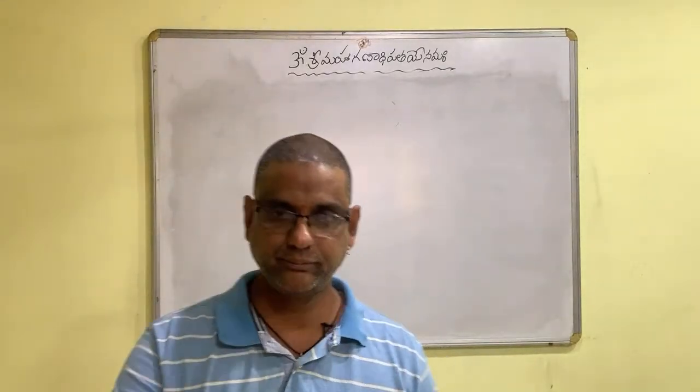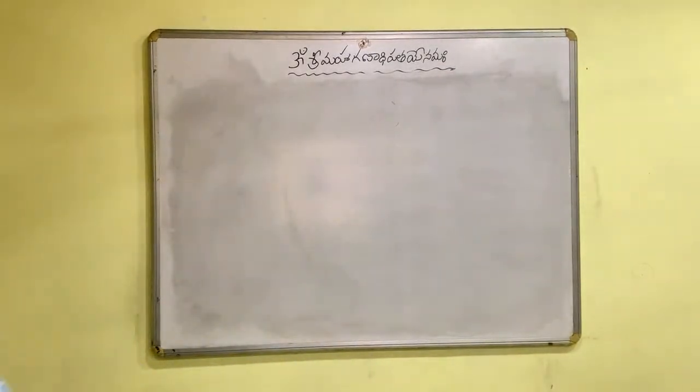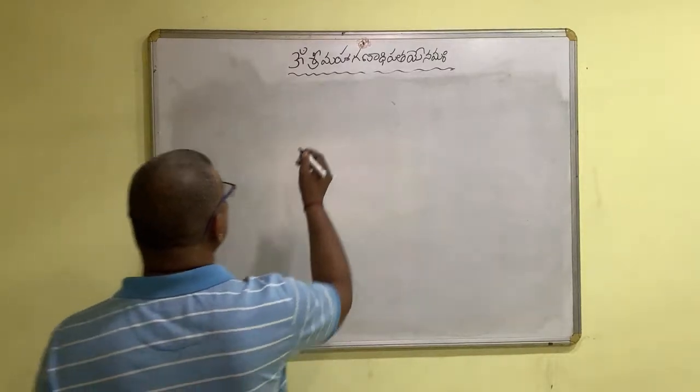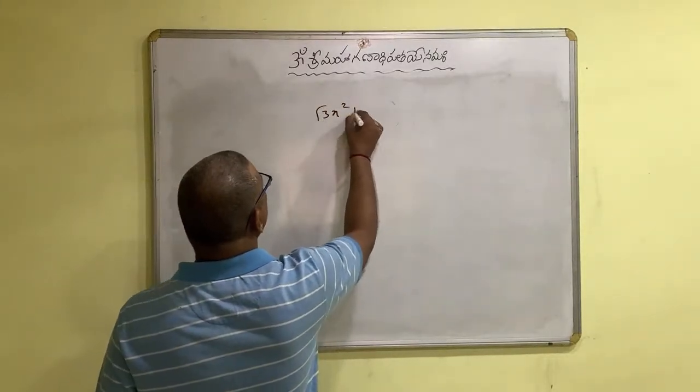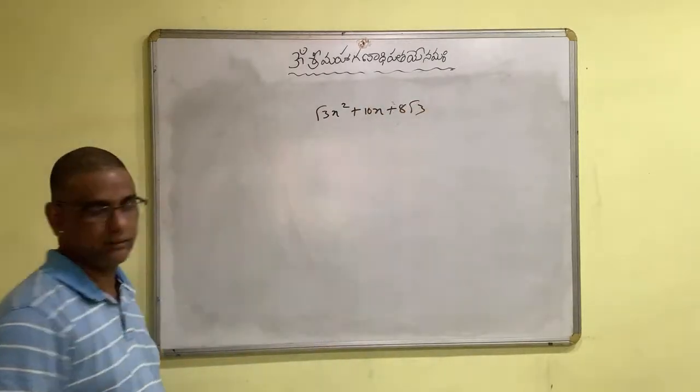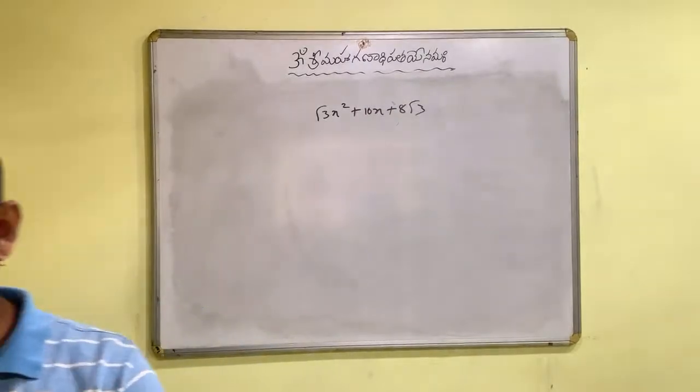Next question. Now I am giving you a simple one. Root 3x square plus 10x plus 8 root 3. Anyone?